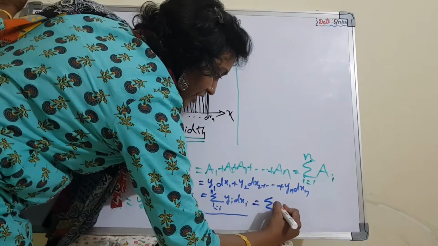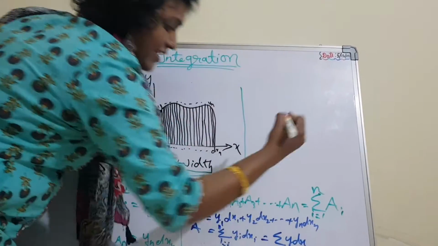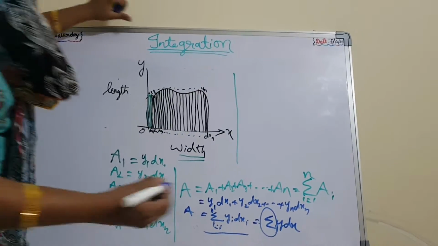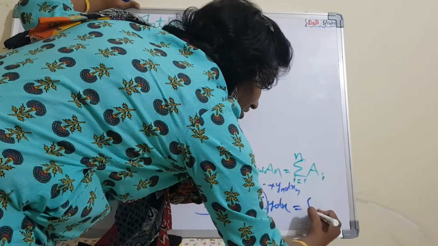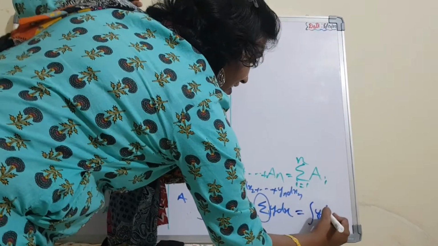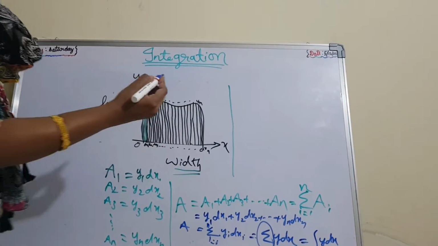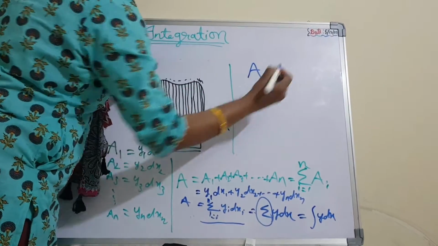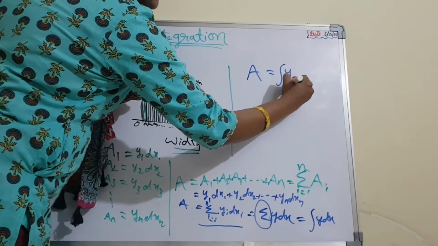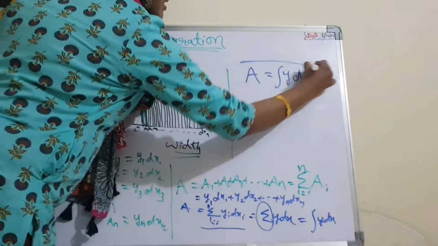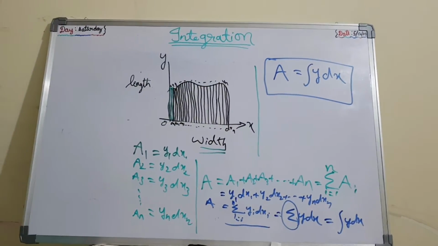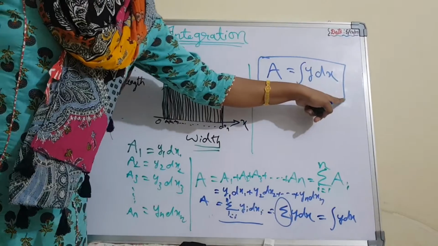Otherwise we can write summation y dx. Instead of summation what can we call it? Integration. Integration y dx. What did you get here? Area is equal to integration y dx. This is how you got integration y dx.